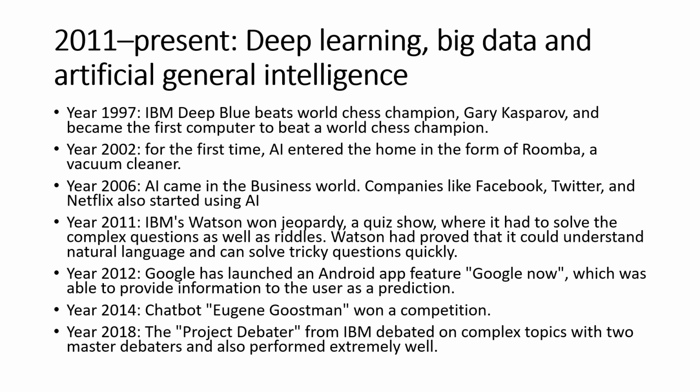In the year 2012, Google launched an Android app feature, Google Now, which was able to provide information to the user as a prediction. In the year 2014, chatbot Eugene Goostman won a competition. In the year 2018, Project Debater from IBM debated complex topics with two master debaters and also performed extremely well.